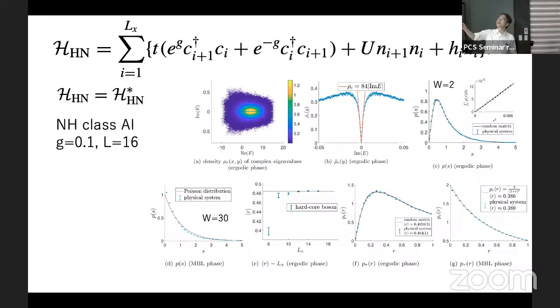We have a lot of real eigenvalues in the system, and this is the level spacing ratio in the ergodic phase. And this is the level spacing ratio in the localized phase. It follows what we expect from the random matrix model.